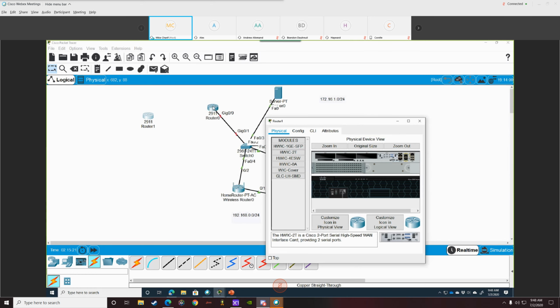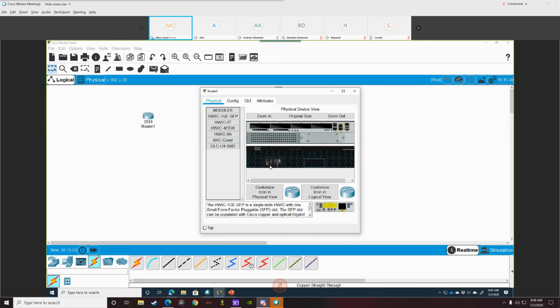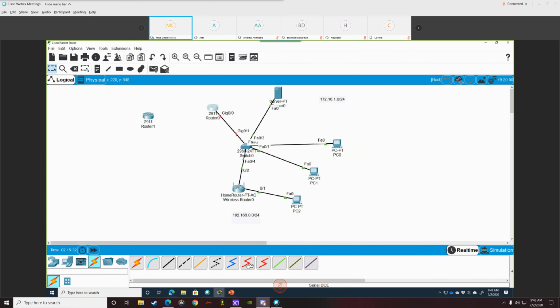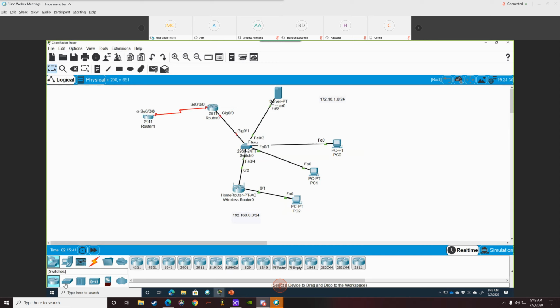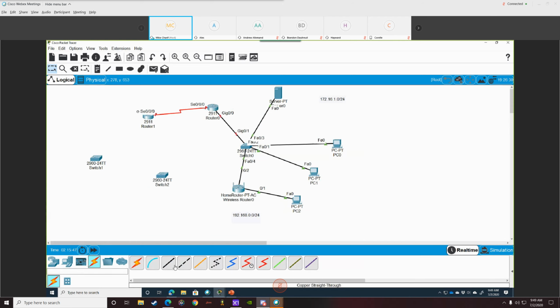And also you can put a serial interface on this router and connect those together. Sometimes you might have different LANs right here with different source addresses.